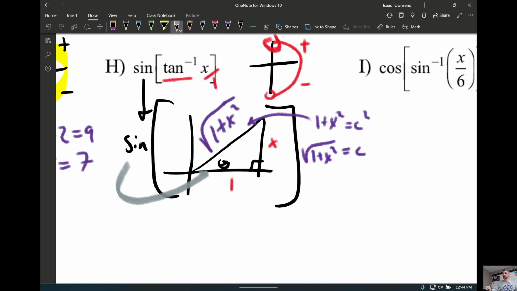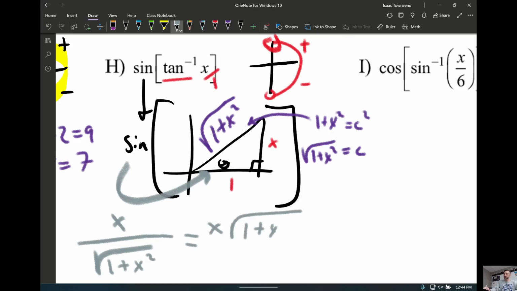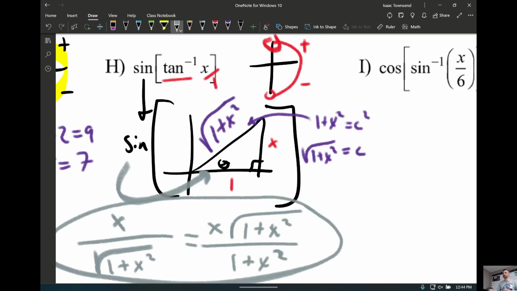And then finish with SOHCAHTOA number 2. I want to know what's the sine of that angle, so opposite over hypotenuse. And if you don't feel like rationalizing in this section, that's fine, but it also only takes 2 more seconds. In this section, I will not count it wrong if you don't.